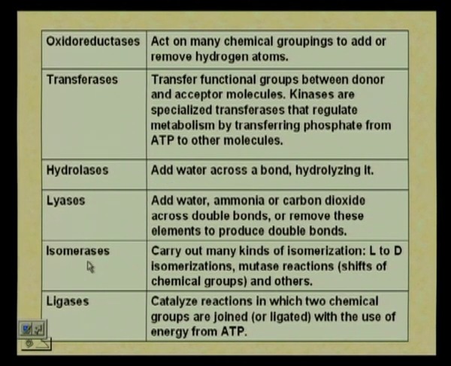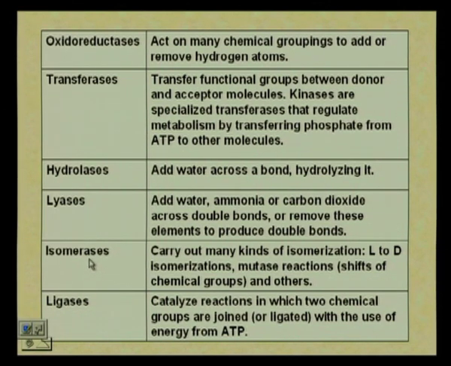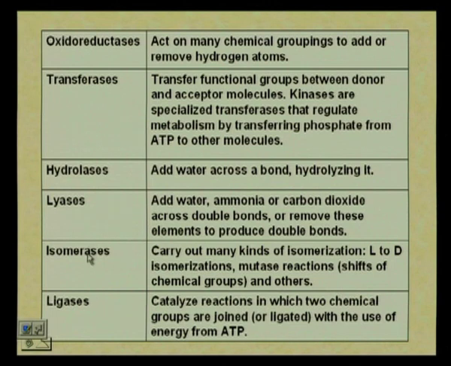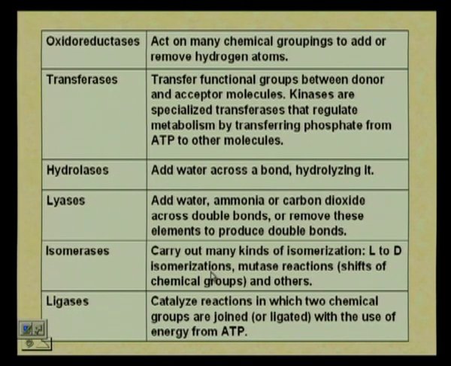Isomerases, what does the name sound like? An isomer. So, what is it going to do? It is going to bring about an isomerization. An isomerization reaction is going to be catalyzed by an isomerase. So, it will catalyze the isomerization, say from an L to a D form. Basically, what is it doing?